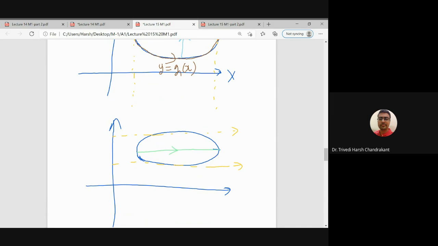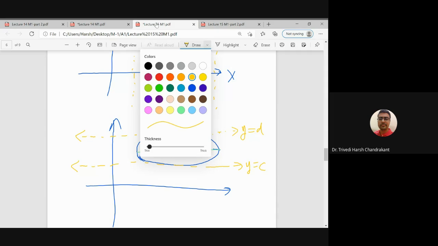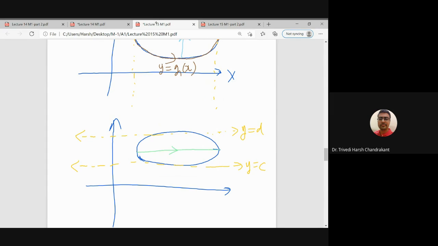So we have the line y = s and the line y = t, and we shall divide the curve between these two lines. One curve we will get is this one.